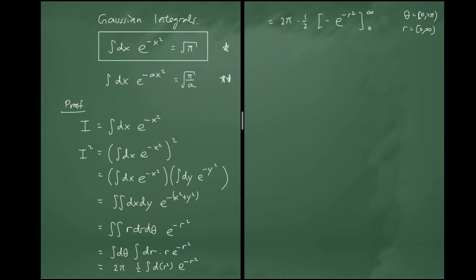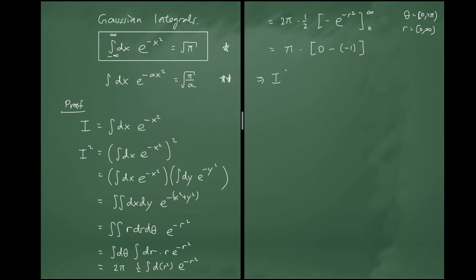In fact, I probably should have commented that this integral only has a closed form if the integral is through the whole x-axis, through all space. So there are always minus infinities and infinities in all of these little integrals. Back to here, what we have is 2 pi divided by 2, so I have pi, and in here I have 0 minus minus 1, so it's just pi.